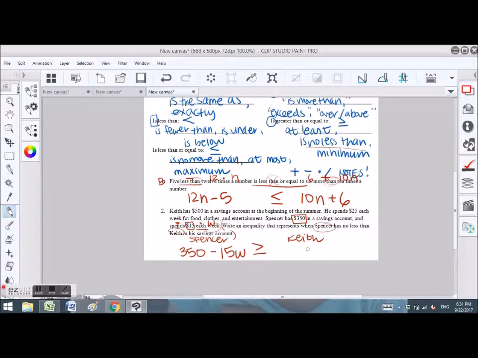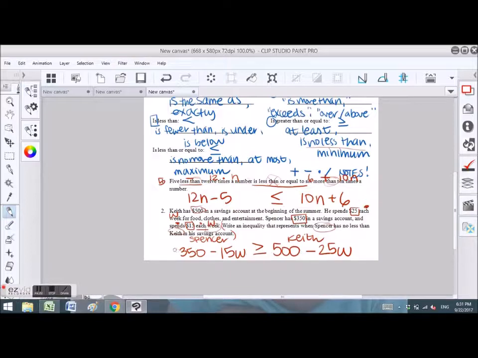It says he has $350 in a savings account, and he spends $15 each week. So remember, each means multiply, and we don't know how many weeks there are, so we put a variable in, W. So he starts with 350, and he's subtracting money, spends $15 each week. So we have 350 minus 15W.